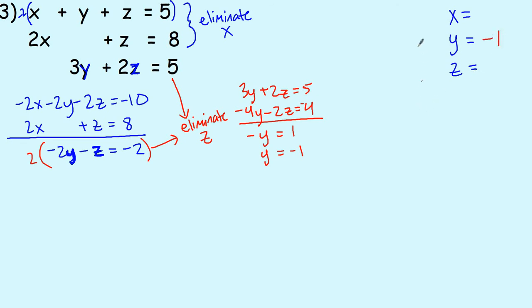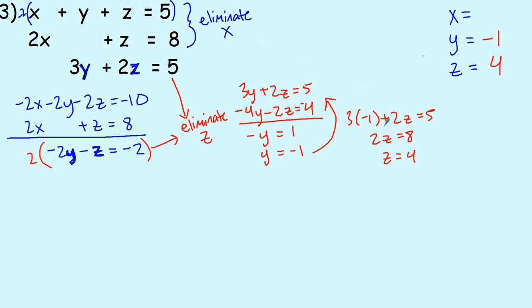Now we just start plugging it back in, right? Plug it into the other equations. So here we've got y, so this one's got y's and z's. Plug it into one of those. Let's see, this doesn't really matter. So 3 times negative 1 plus 2z equals 5. So 2z, that was negative 3, so we're going to add 3. So we get z is 4.